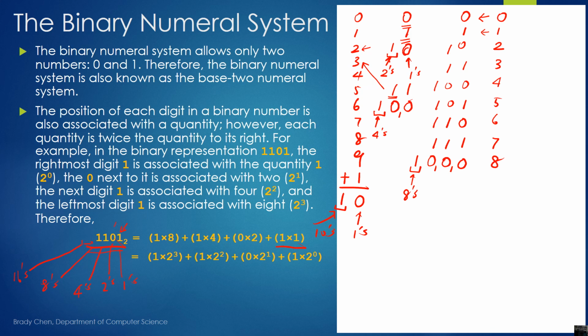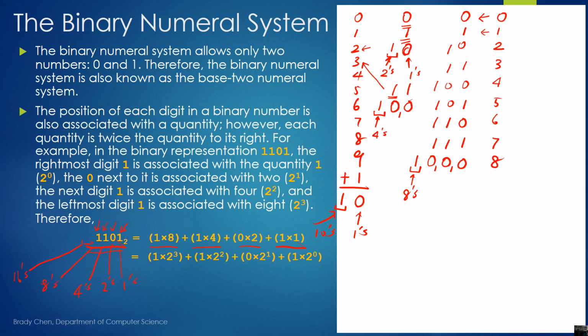Now for this number 0 in 2's position, we can write it 0 times 2, right? And that one represents 4's position, so it's 1 times 4. And that one is in 8's position, so it's going to be written as 1 times 8.